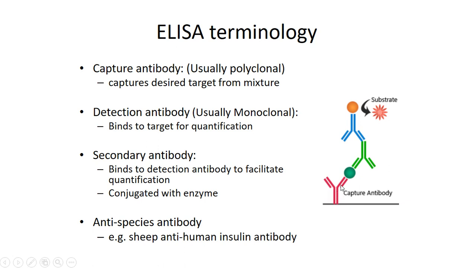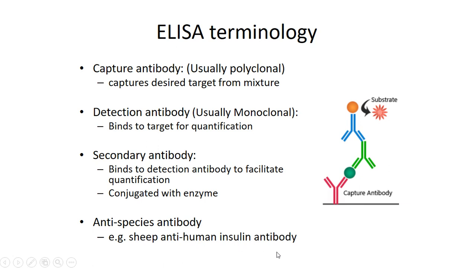For instance, if you're measuring a target in a human, and the antibody is directed against human CRP, then it's referred to as anti-human. If this antibody was produced in a sheep directed against human CRP, then it's referred to as a sheep anti-human CRP antibody.